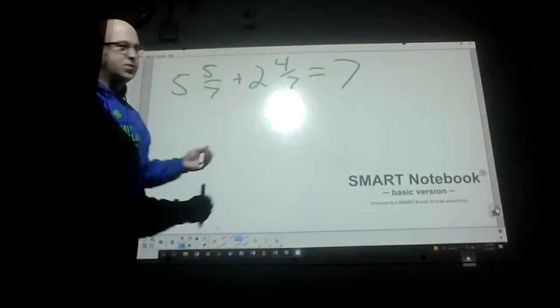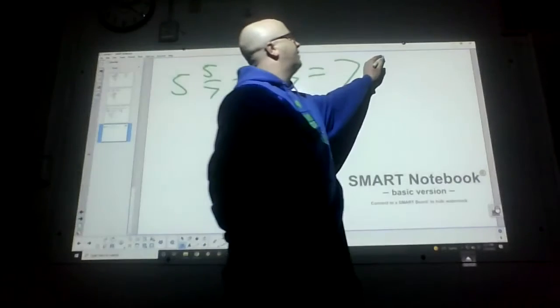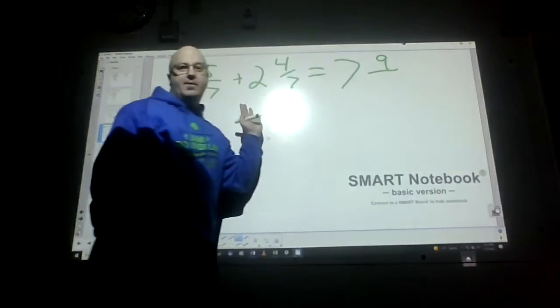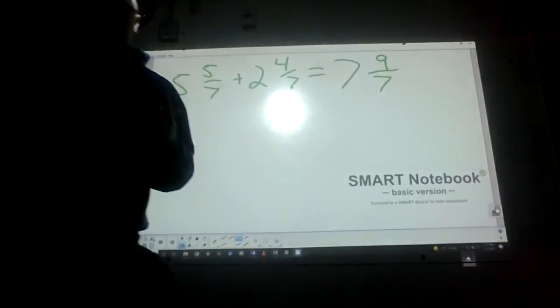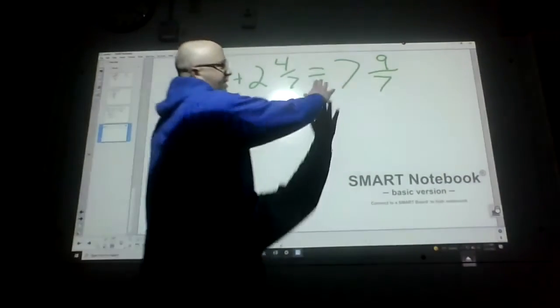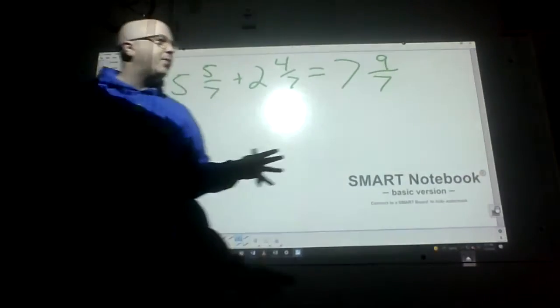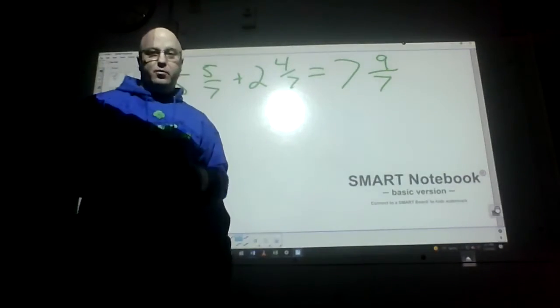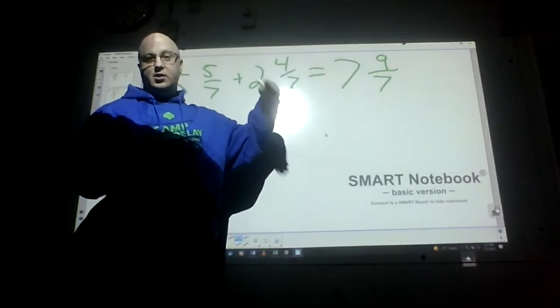I add my fractions, which I can do because they have common denominators. 5 plus 4 gets me to 9. My denominators don't change, so I slide it over, 7. But here's where I run into the problem again. I have a mixed number, but I have an improper fraction there. I don't want that improper fraction. So we need to go through our steps to change that improper fraction to a mixed number.